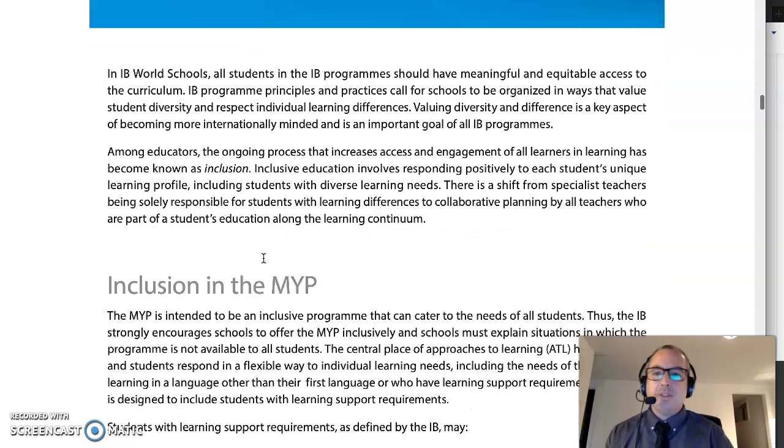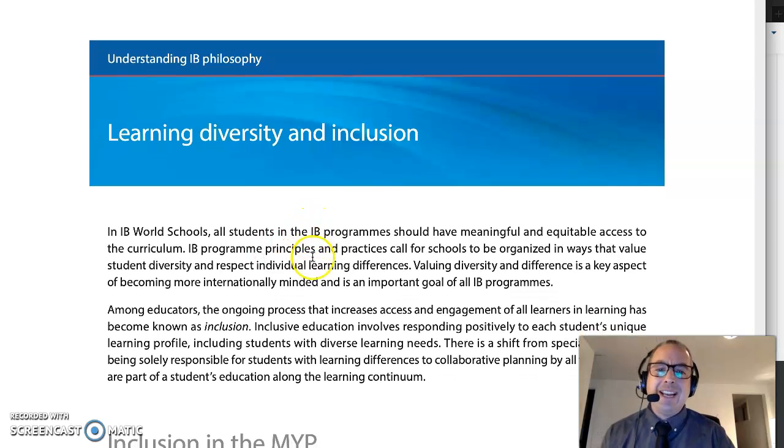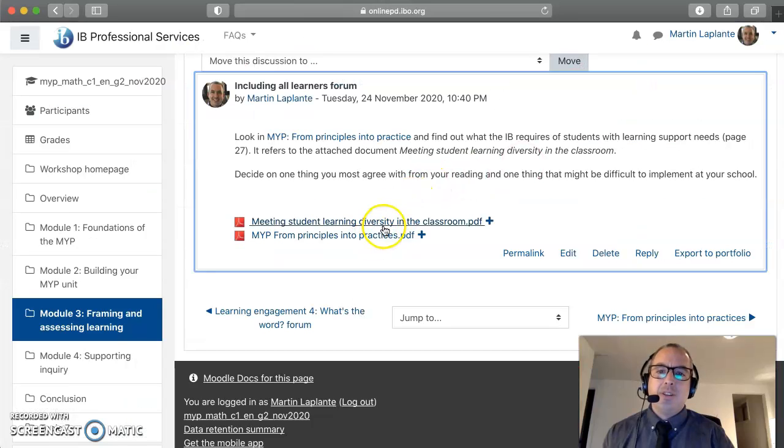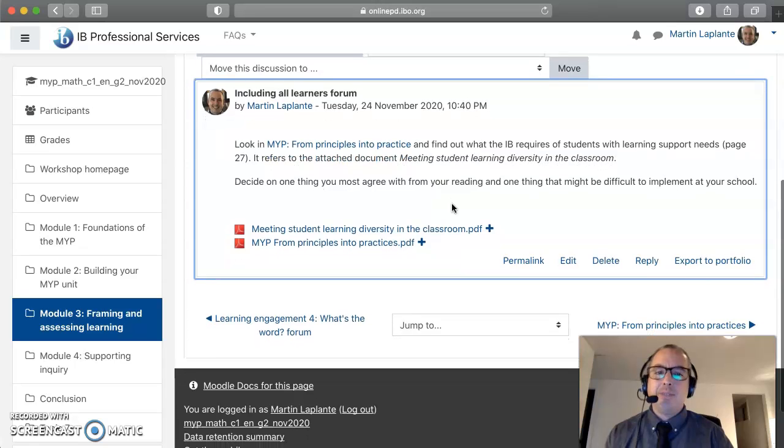It's 27. So it's inclusion within the MYP. So these are guidelines from the IB, and there's also a document called Meeting Student Learning Diversity in the Classroom, which has been published by the IB to help you find strategies in order to differentiate. Okay, so I just have to take a look at it.